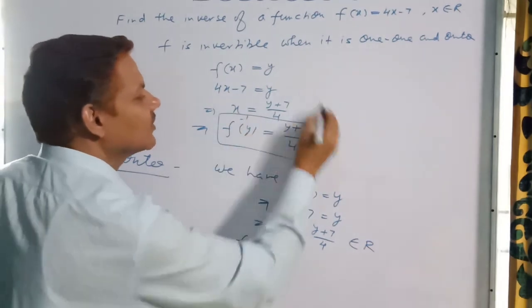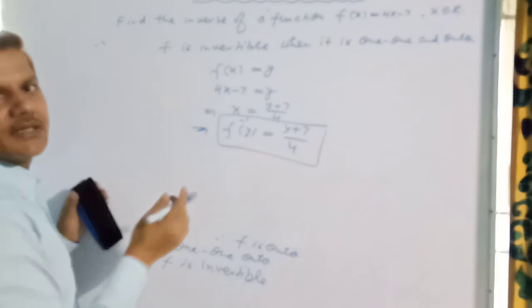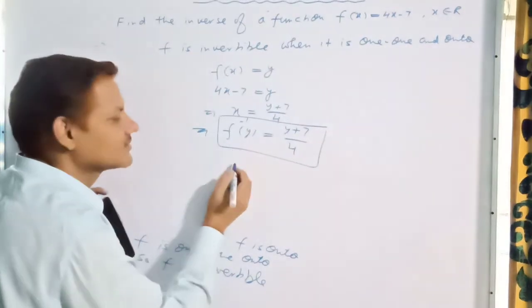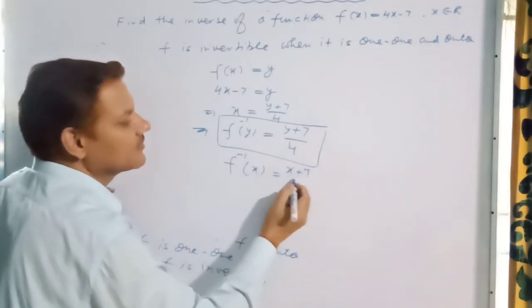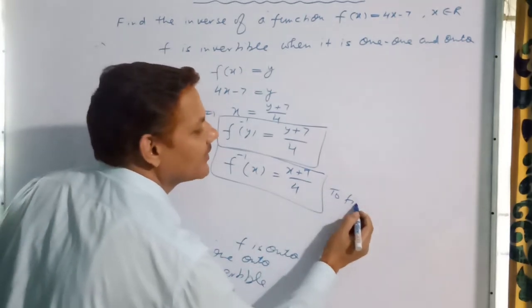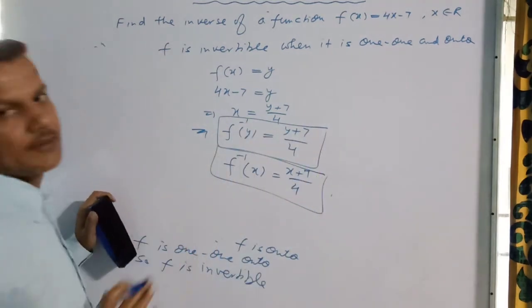This is the inverse. Since for the elements of the domain we always take x, in place of y there is x, so we may write f inverse of x is equal to (x plus 7) by 4. This is to find it, and in case we have to prove, then we leave it. Okay.